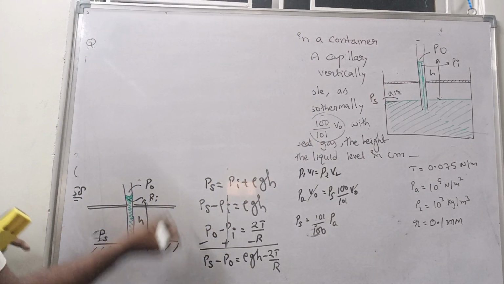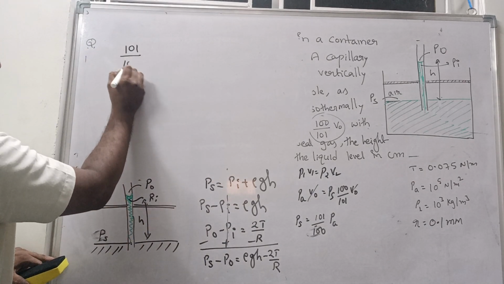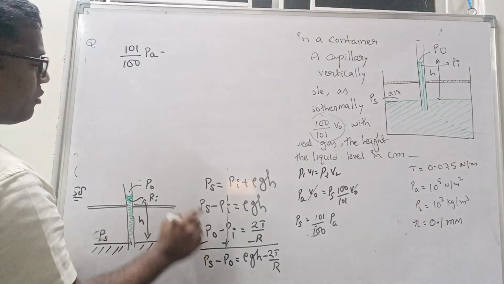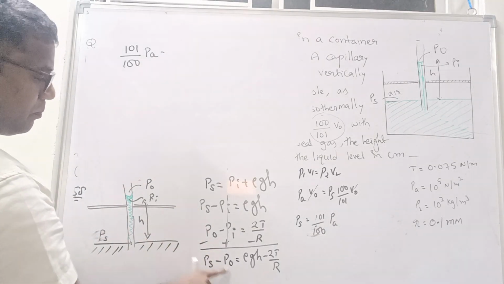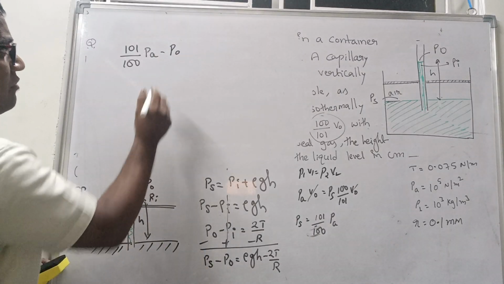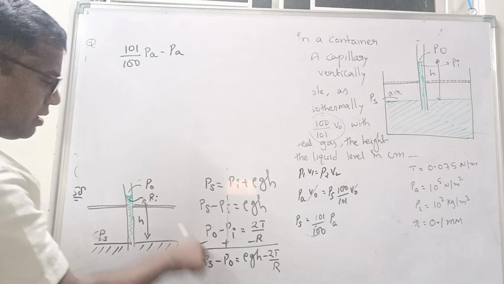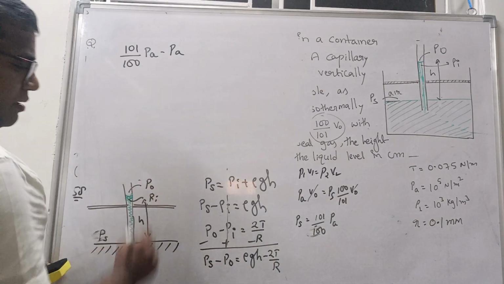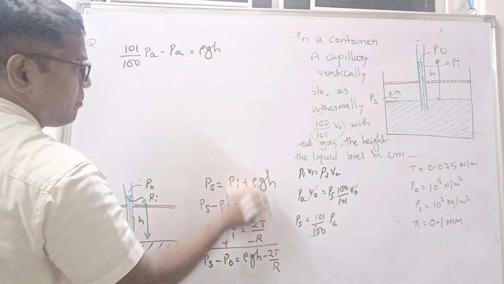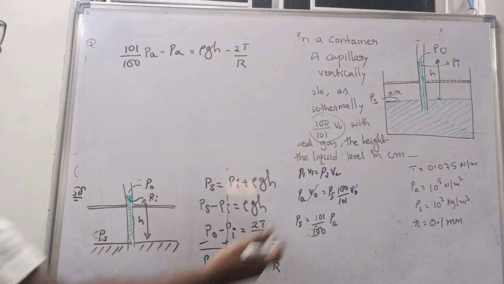See, we know that PS value I got is 101 by 100 into PA minus P0. P0 is nothing but the atmospheric pressure, which is nothing but PA, which is equal to rho GH minus 2T by R. So all values are given.